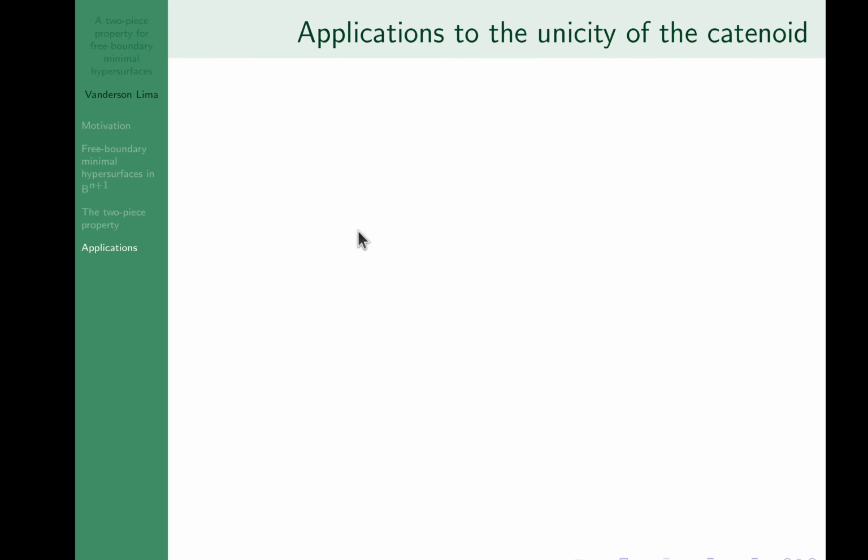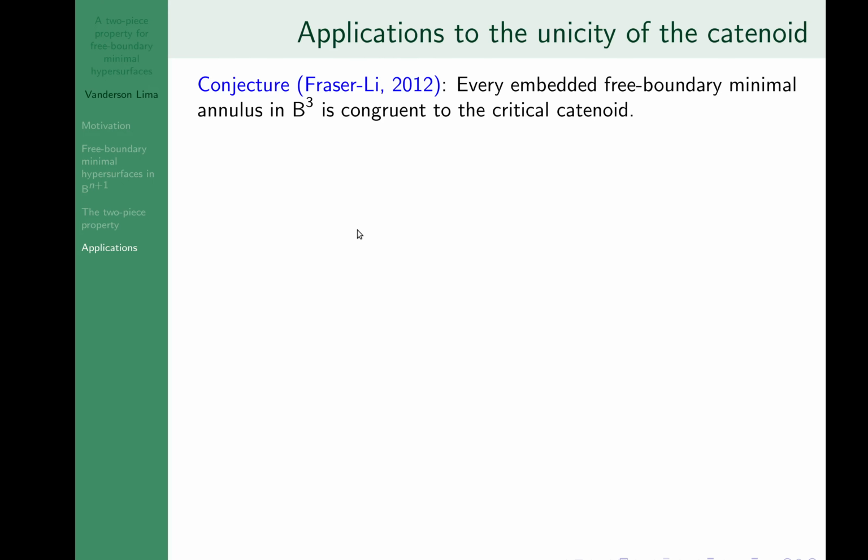So finally, let me finish with some applications to the uniqueness problem for the critical catenoid. It is also a conjecture by Fraser and Lee that every embedded free boundary minimal annulus in the Euclidean three-ball is congruent to the critical catenoid.